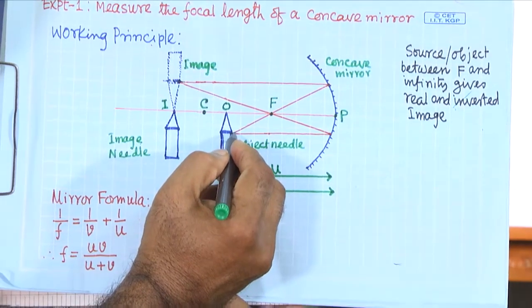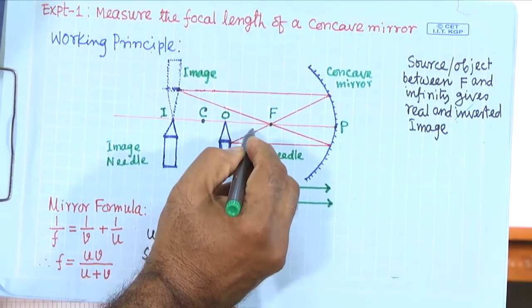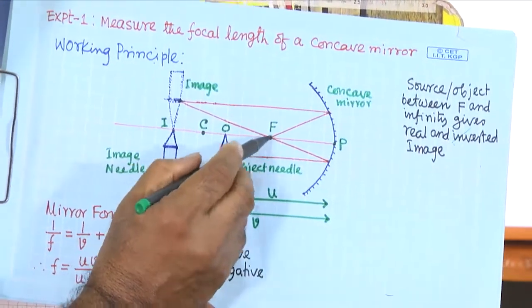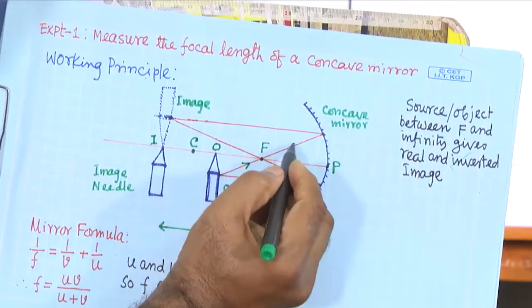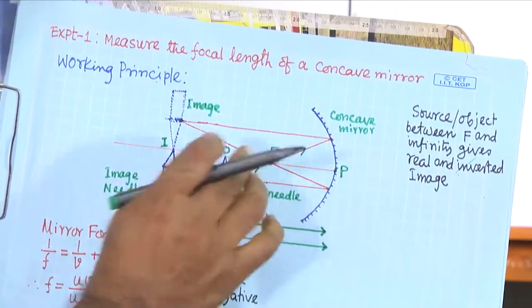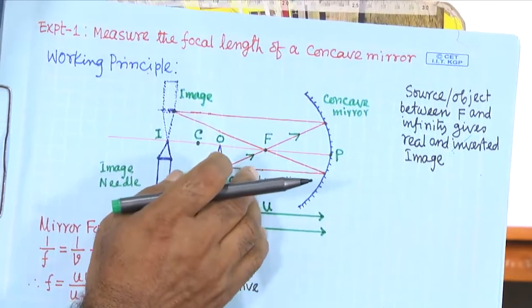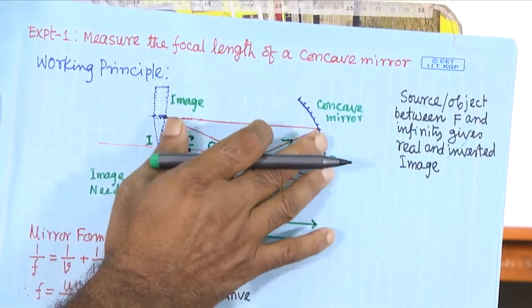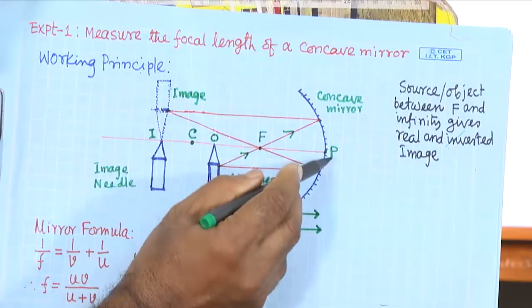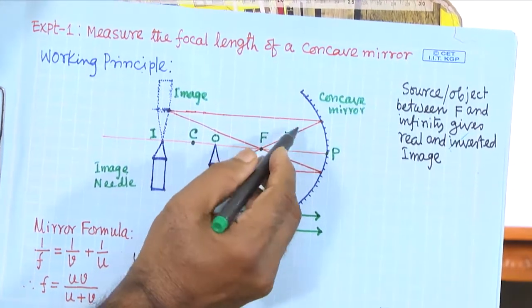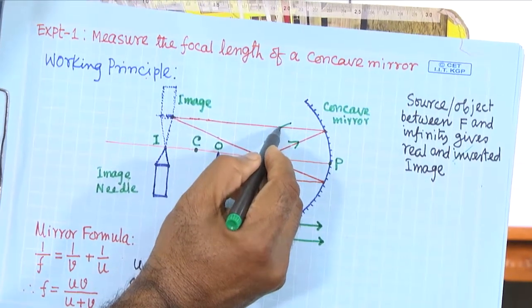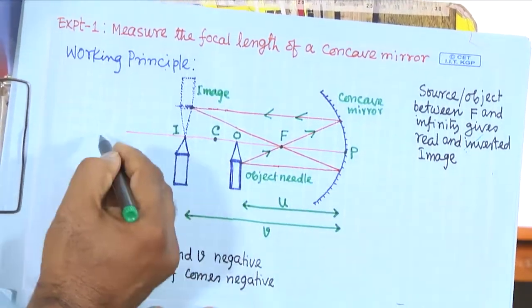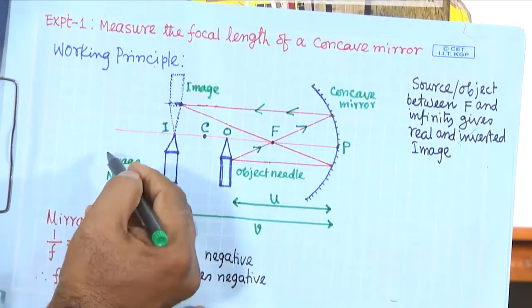Okay. So, it is going this way. So, this light is passing through the focal point f, and it is falling on the mirror. So, you know, light passing through the focus will fall on the mirror and it will be reflected, and that reflected ray will be parallel to the principal axis. Okay. This is the principal axis.